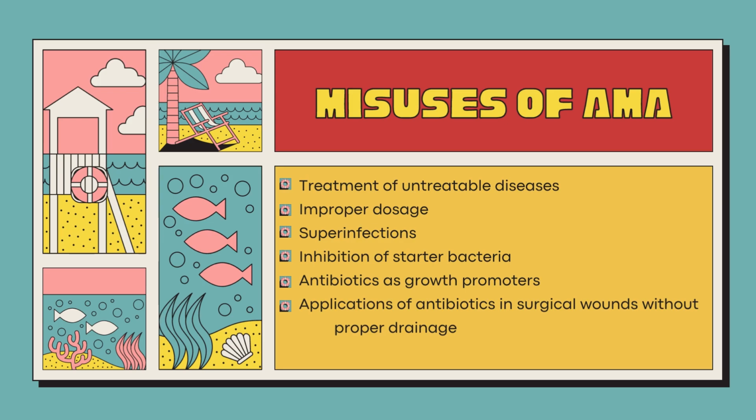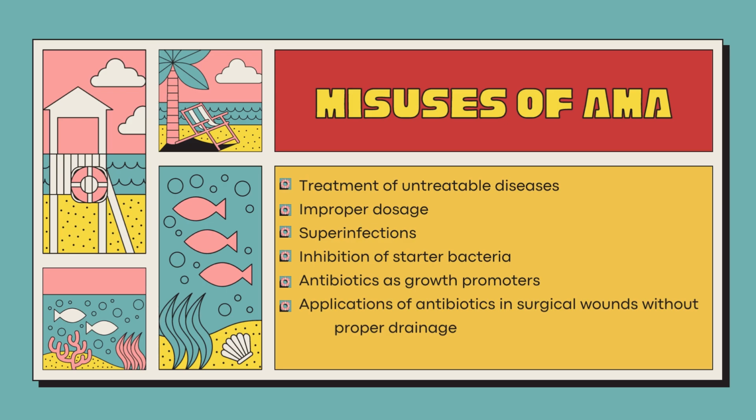Misuses include treatment of untreatable diseases, such as use of antibiotics in viral diseases. This is very wrong because when treating viral diseases, you use antiviral agents. You should only use antibiotics against bacterial diseases.